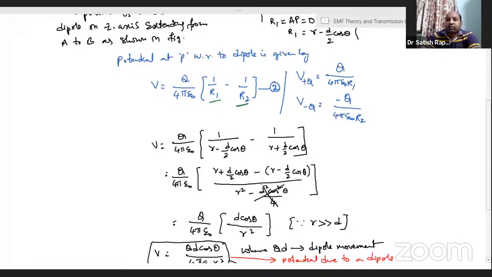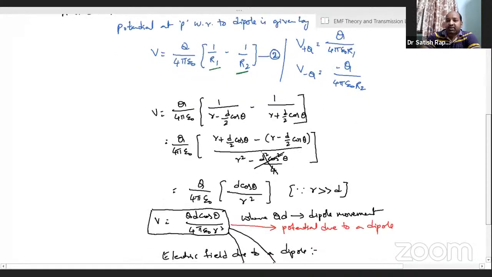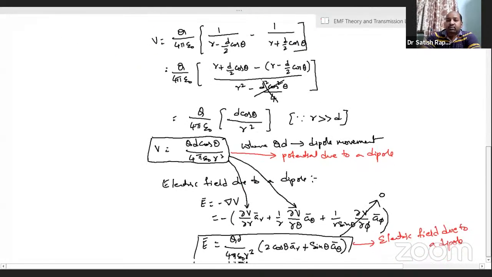R1 is the distance from point A to point P, and R2 is the distance from point B to point P. R1 and R2 are determined from the figure in terms of R and theta, substituted and simplified. So simplifying, you will get V is equal to Q d cos theta by 4 pi epsilon naught R square. That is the potential due to a dipole.